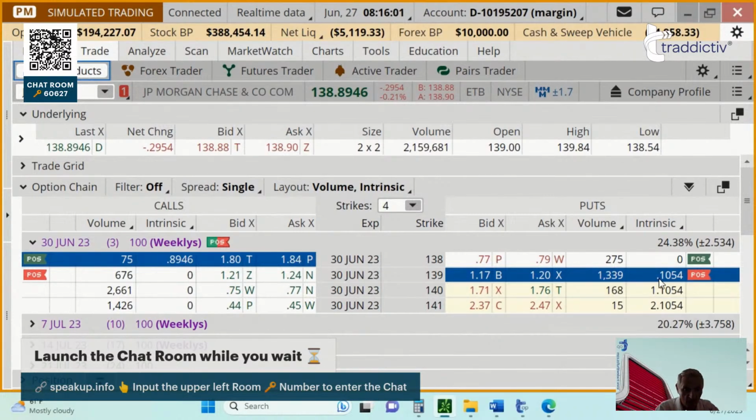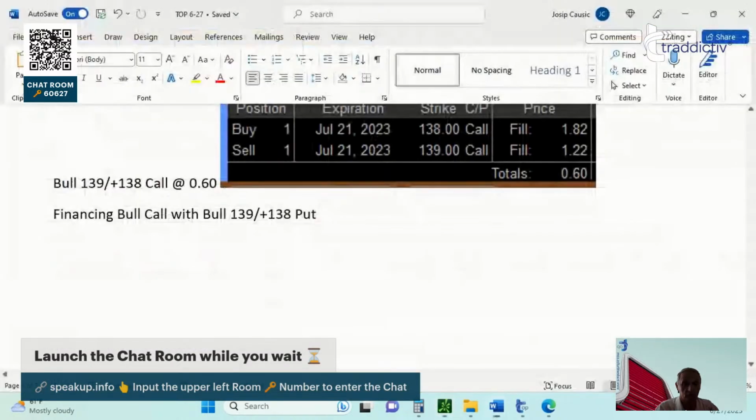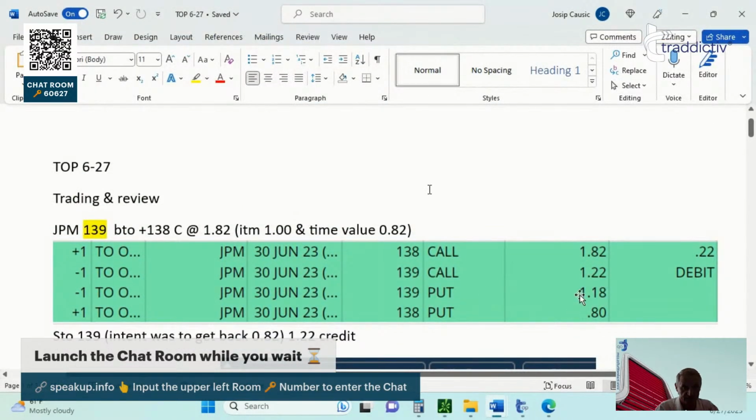And I have protected myself with 138. So how much did I pay for that? Well, I have already pointed out to you over here that I got the 118 for selling the 139, and for the 138 I got 80 cents, right?